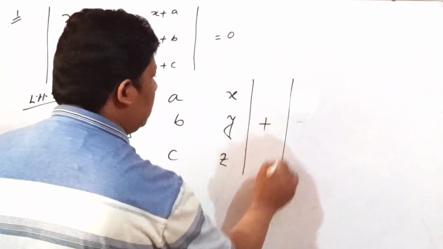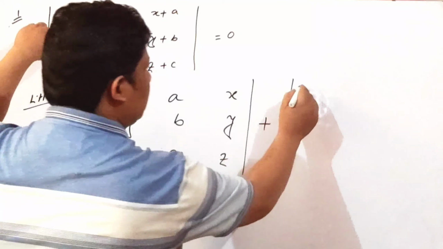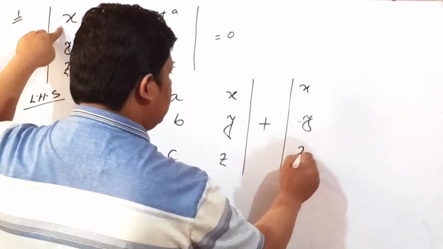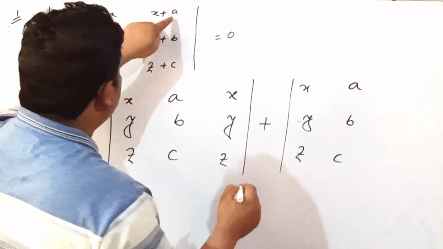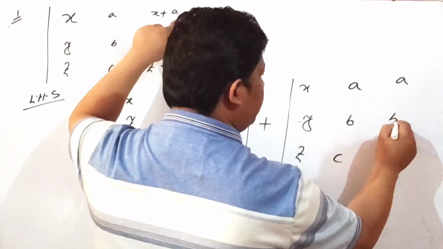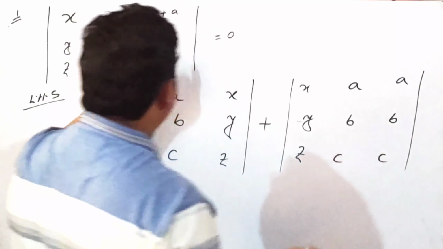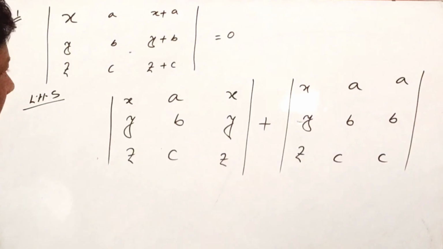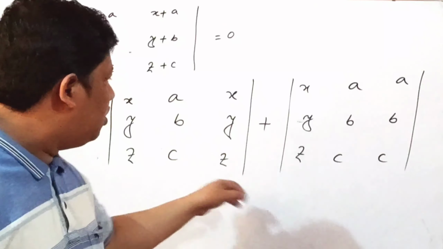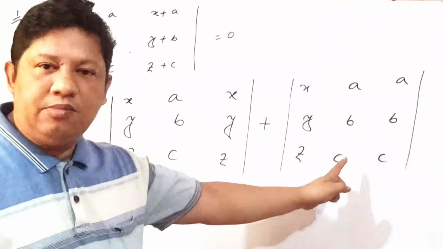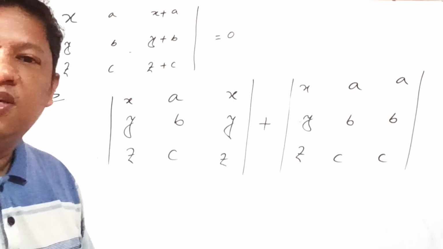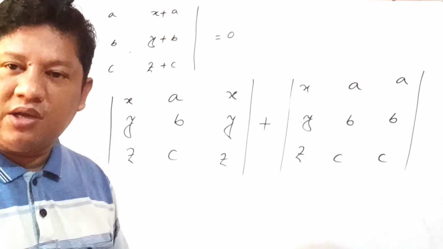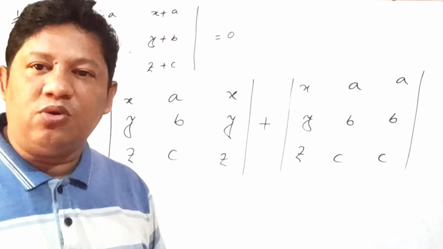And another determinant with rows x, y, z; a, b, c; and the next elements, a, b, c. Look here, I just expressed this in the sum of two determinants, determinant first and determinant second, according to the rules of determinants. So my students, I think you understand what I am going to discuss in this class. Look here again.